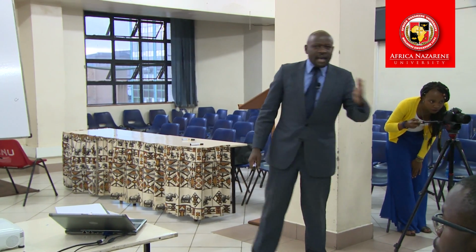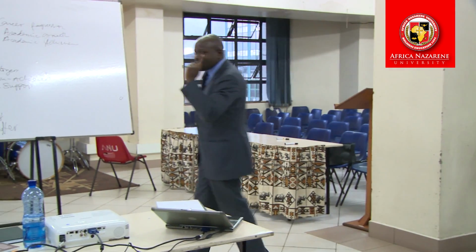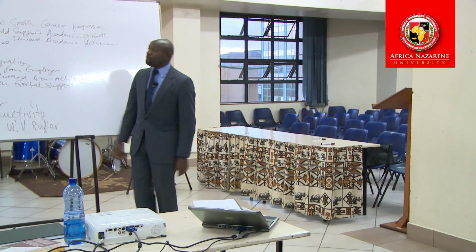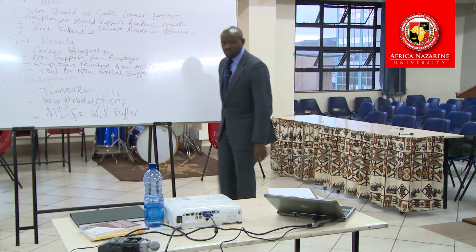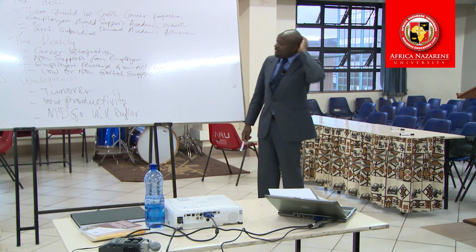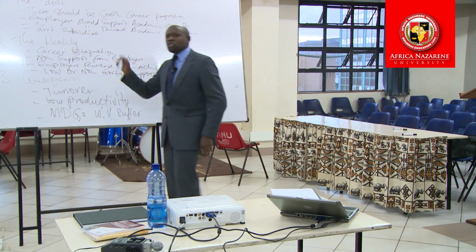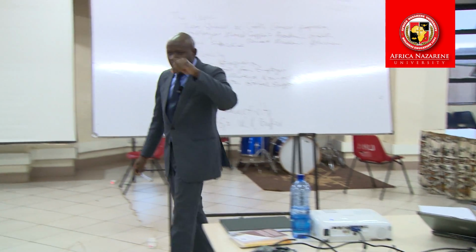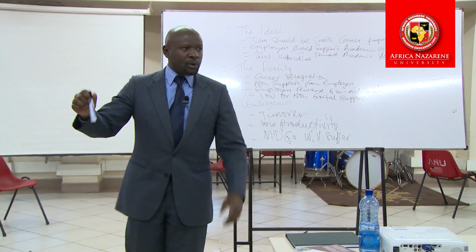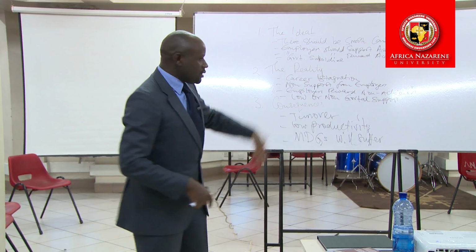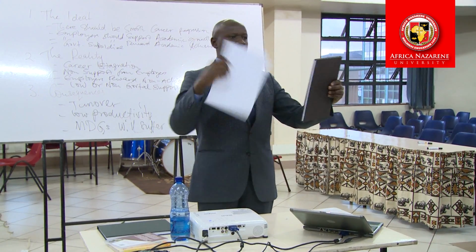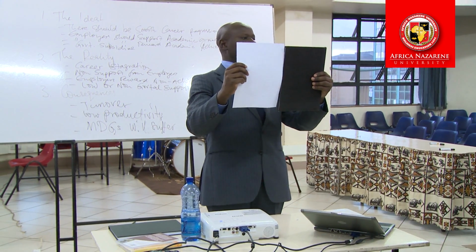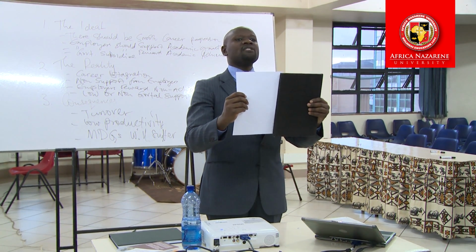Now, what is a problem? A problem exists when there is a variation between the ideal and the reality. When there is a variation between what should happen and what is happening, a problem is very clear. The white and the black, once you bring them together, your problem is very clear.